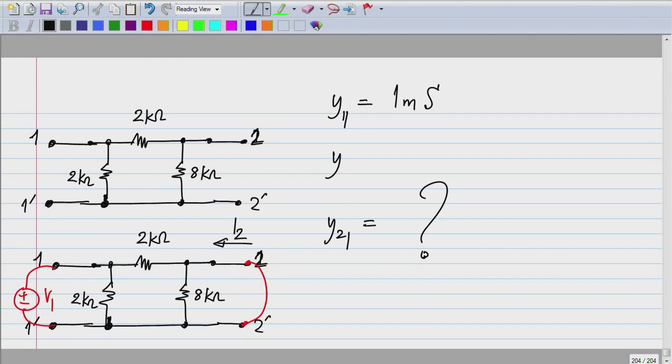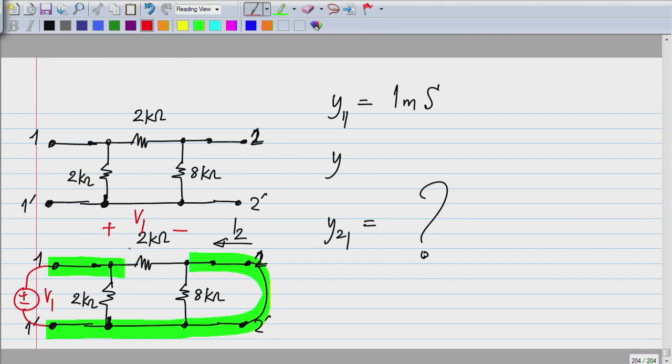Okay, so let's look at this carefully. Here, this is short circuited. So all of this V1 appears across this 2 kilo ohms, because port 2 is short circuited. So the voltage here is V1.